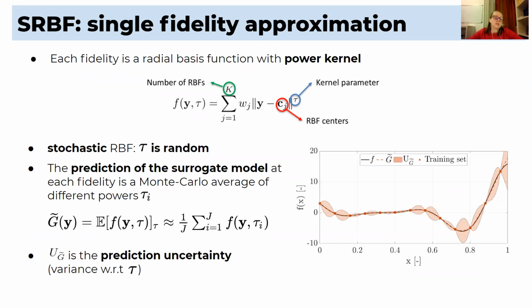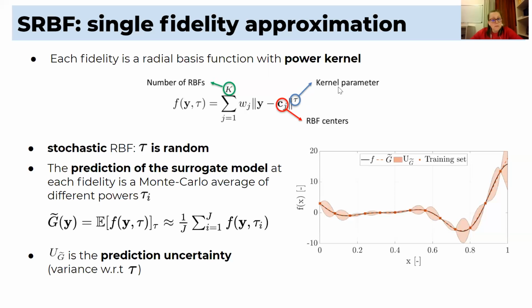SRBF, stochastic radial basis function. Each fidelity is based on radial basis functions with a power kernel here. The kernel parameter is this tau, and this is stochastic, so it's random. From this comes the word stochastic in front of radial basis functions.